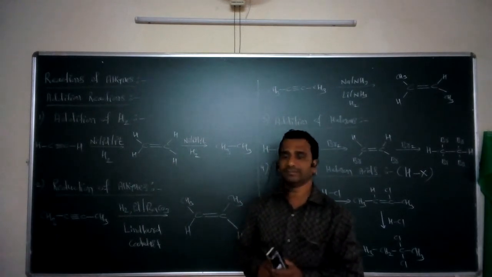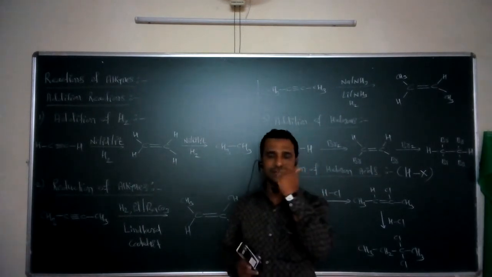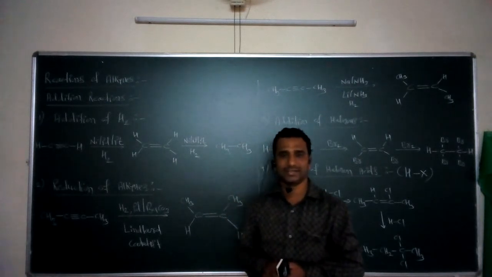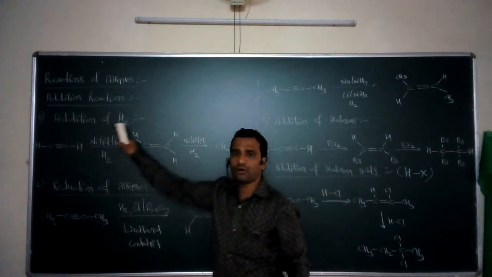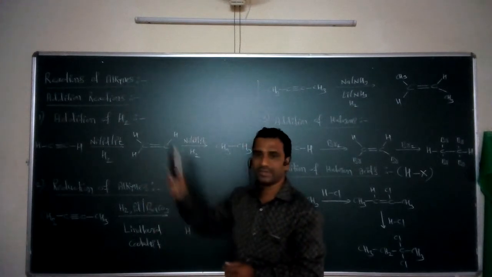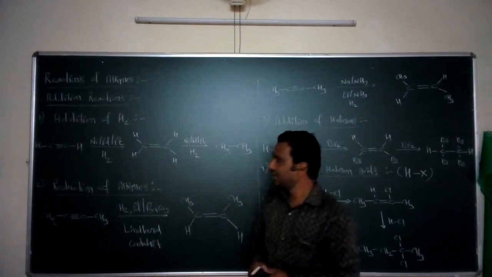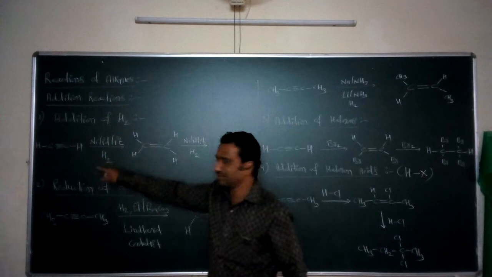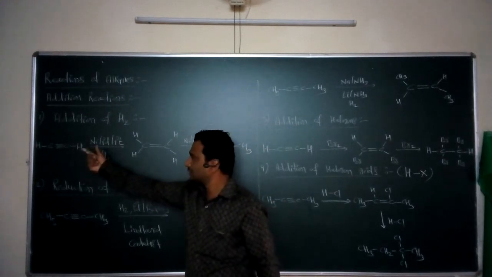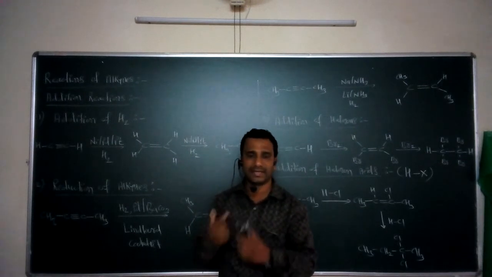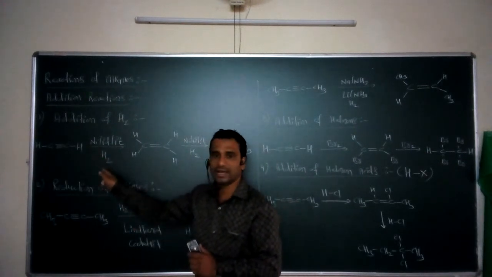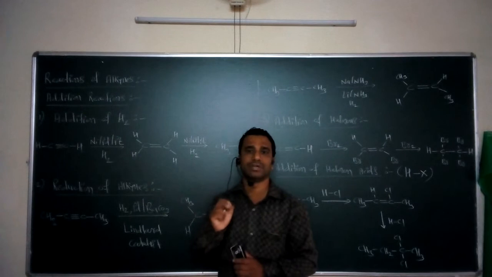The first important addition reaction given by these alkynes is the addition of hydrogen molecule, that is, addition of H2. For this purpose, I take a simple example of an alkyne, acetylene. Acetylene can interact with H2, a hydrogen molecule, in the presence of a suitable catalyst.